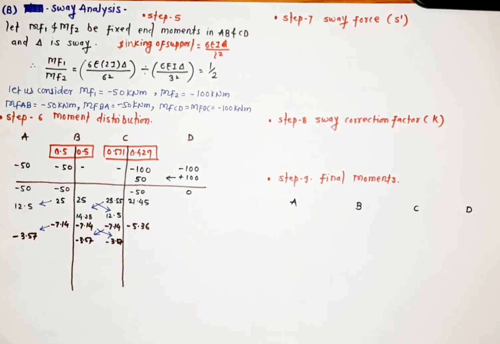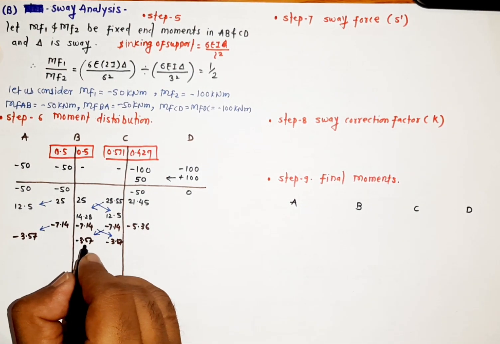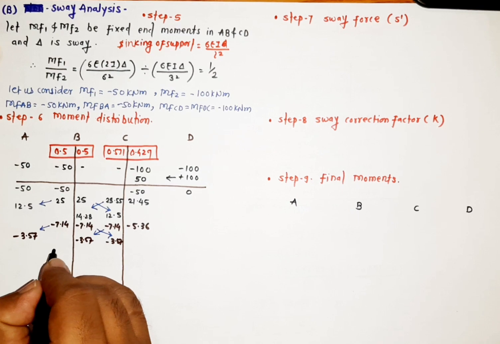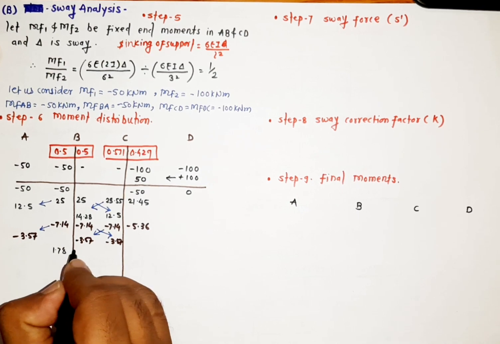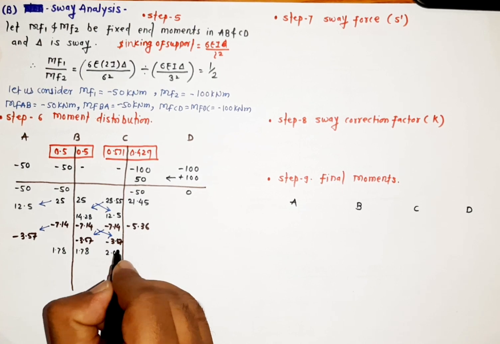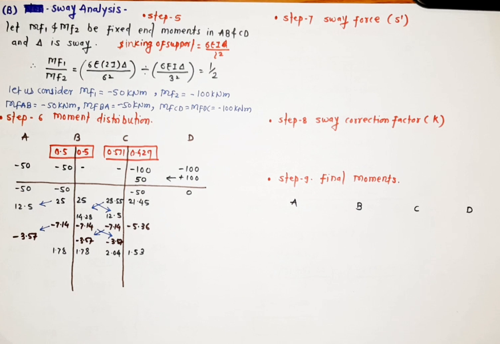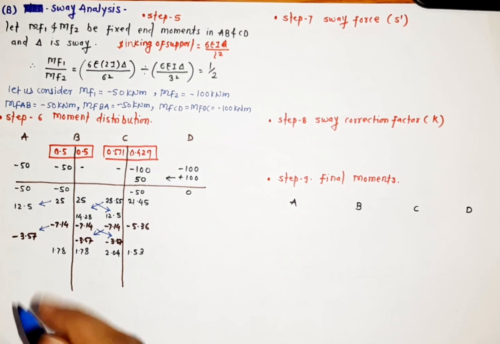Now what we have to do? We have to multiply this 3.57 with these distribution factors. 3.57 multiplied with 0.5 will be 1.78. It will be 1.78. It will be 2.04. It will be 1.53. Now next we have to transfer a half to the fixed end.